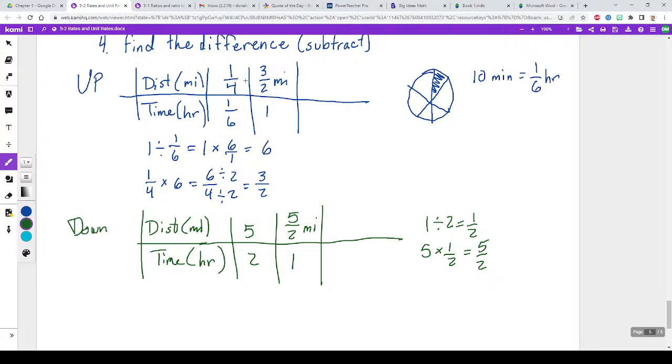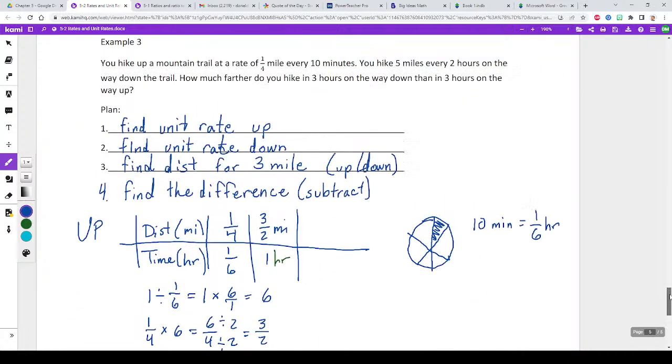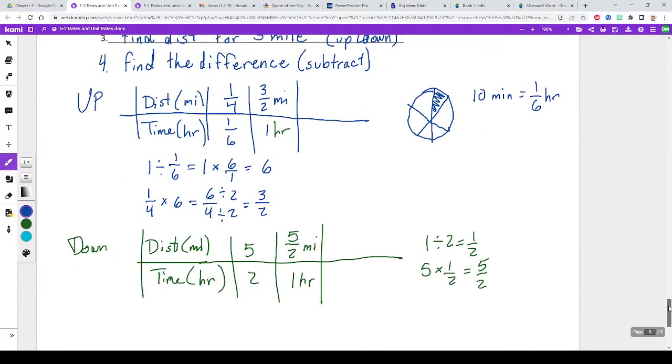But this actually puts some quantity on it. It can tell you that we've got 3/2 miles per hour, and we've got 5/2 miles per hour. And so it gives us a way to compare the two and describe what's going on. Anyway, what we want now, we found the unit rates for both, so now we want to find the distance for 3 hours. So 3 hours here.